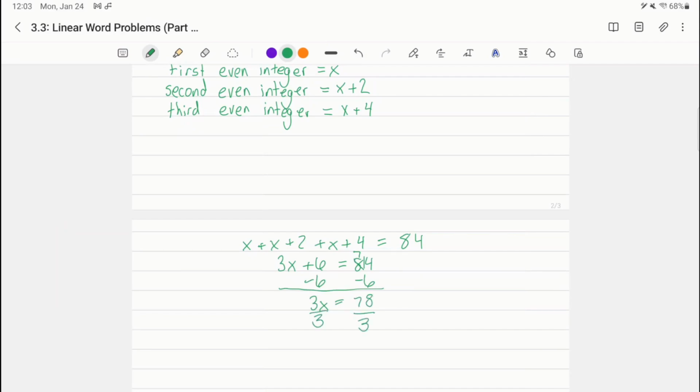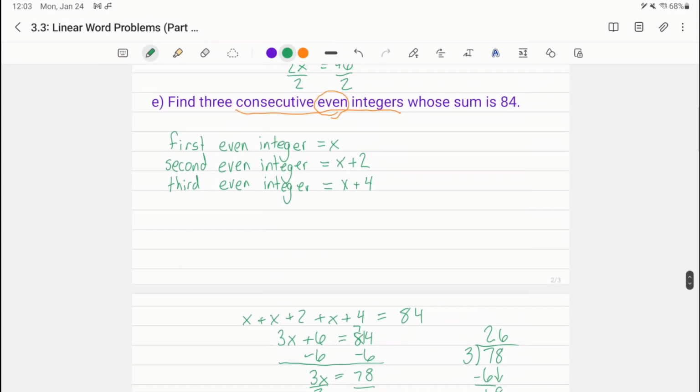Divide by 3. So 78 divided by 3. 3 goes into 7 twice. Carry down the 8. 3 goes into 18 6 times. And we get a remainder of 0. Good. So x equals 26.